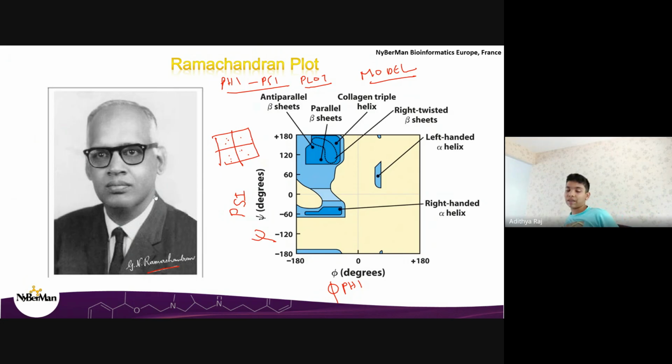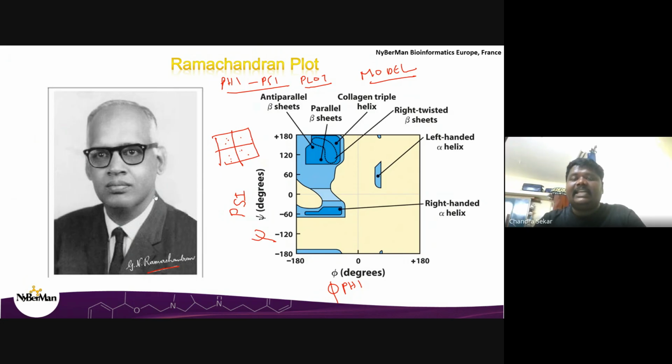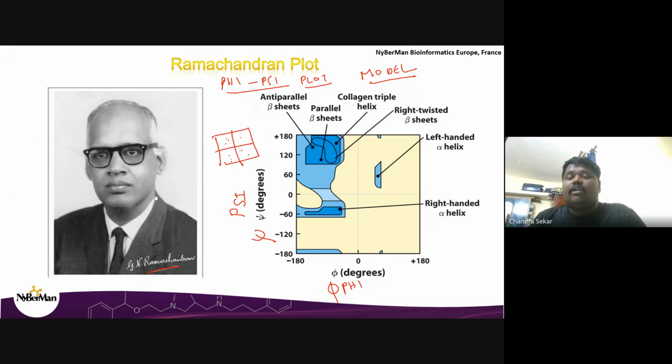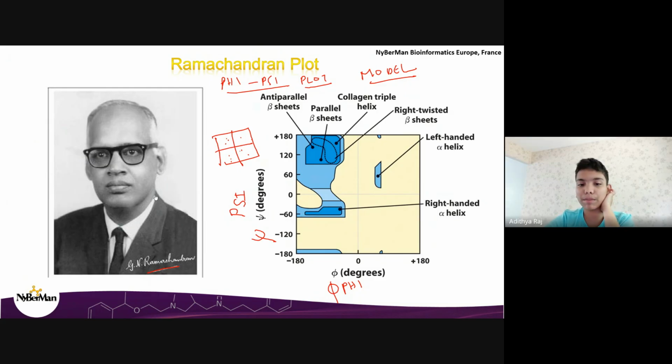He mathematically made a plot of the possible ways phi and psi can permit degrees of freedom, allowing the molecules to move. What is called the Ramachandran plot? What is the phi psi plot? A 2D map used in biochemistry to visualize energetically allowed backbone angles of amino acids.